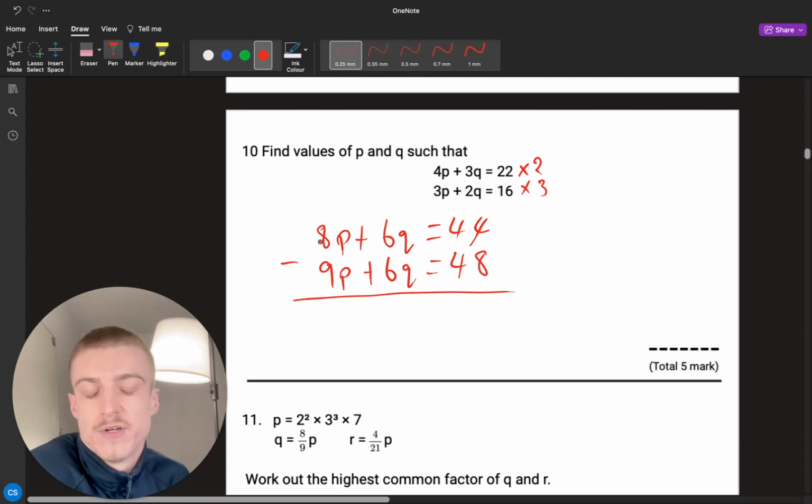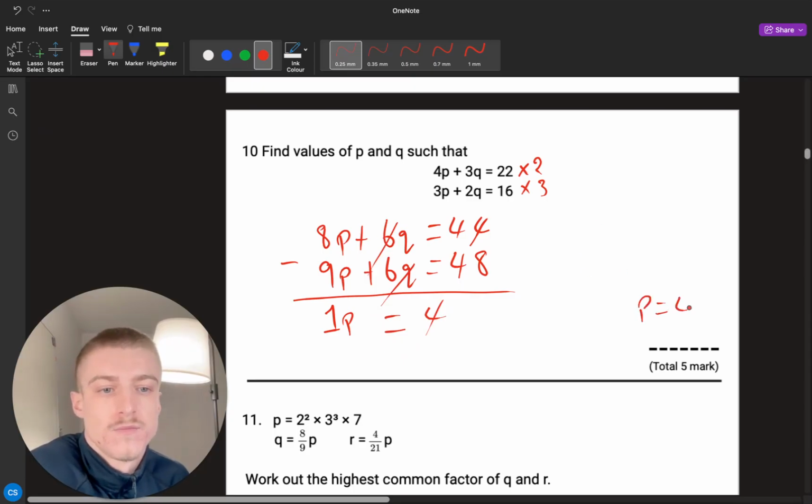It's just I'm going to avoid a minus sign. So this is leaving us with 1P. This goes to 0. Equals 4. P is 4. So if P is 4, let's substitute it back into an equation. I'm going to use equation 2. 3 times 4 plus 2Q equals 16.